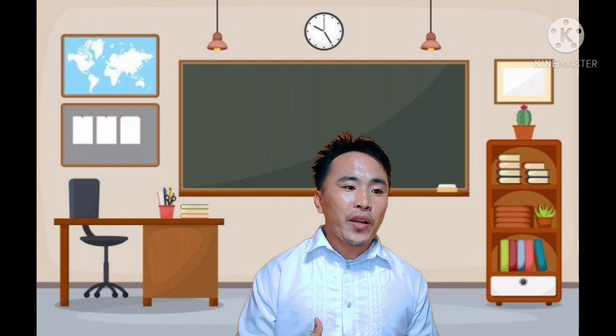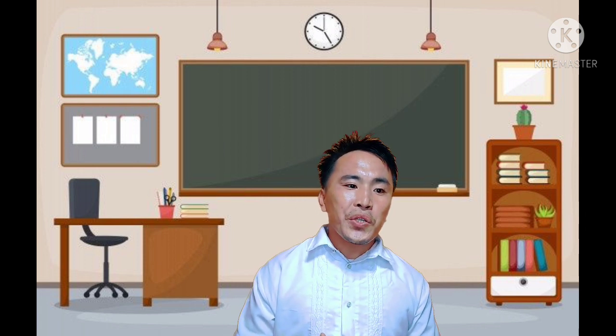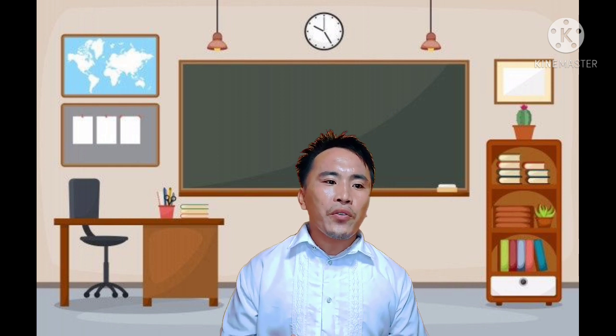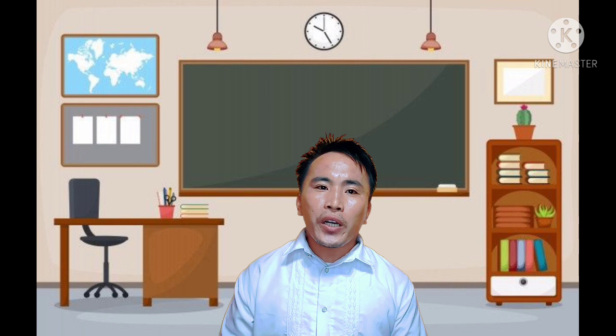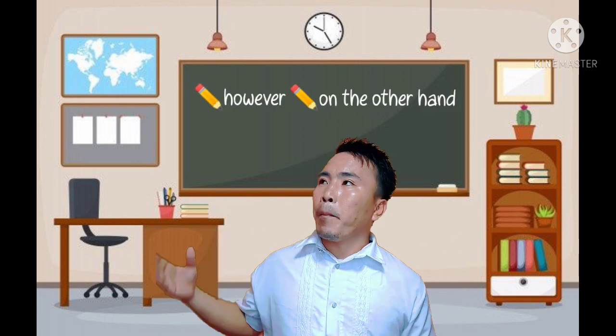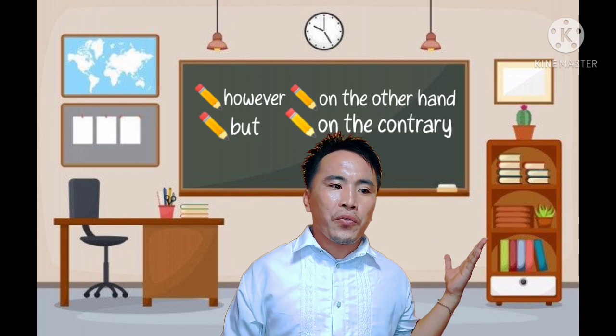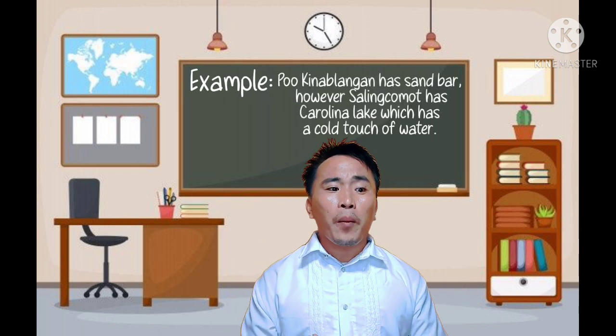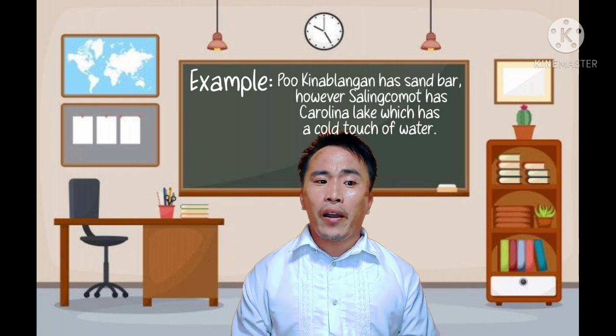When we contrast two objects, we consider their differences. With that, we use the following transitional word like however, on the other hand, but, and on the contrary. Kids, for example, Pu Kinablangan has a sandbar.